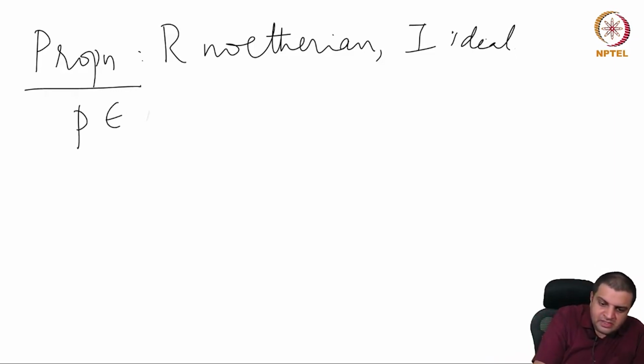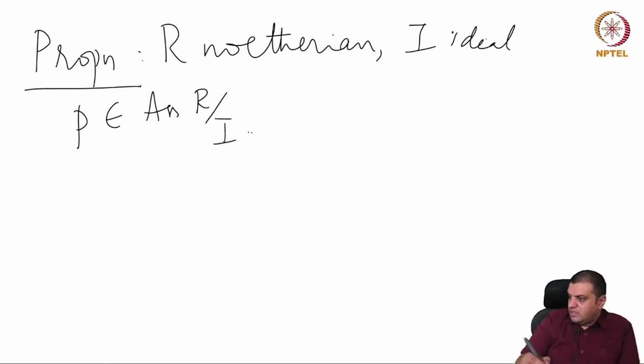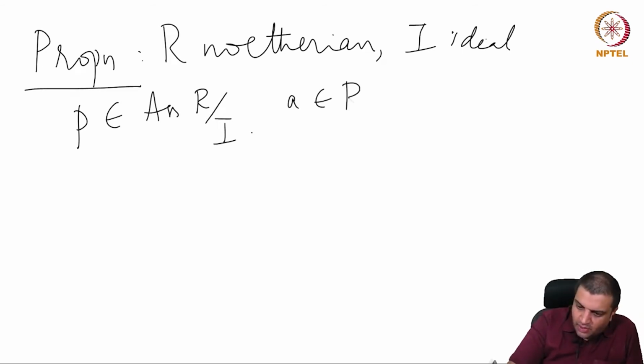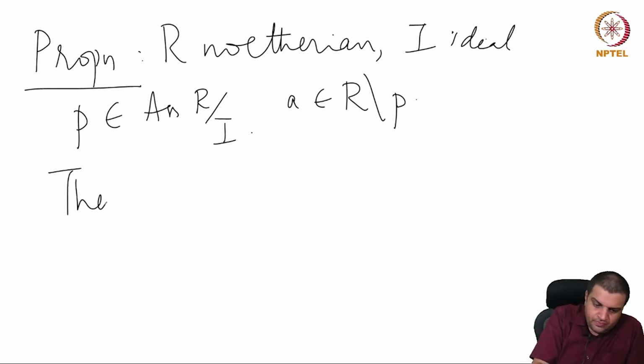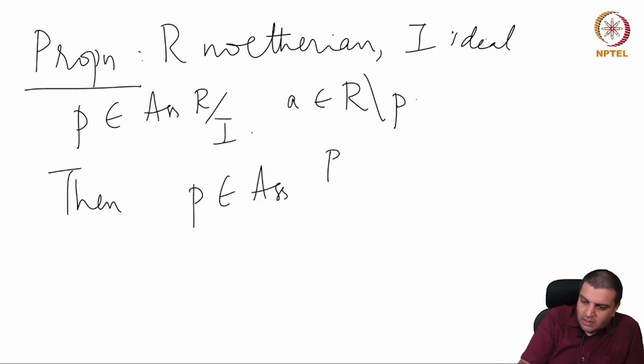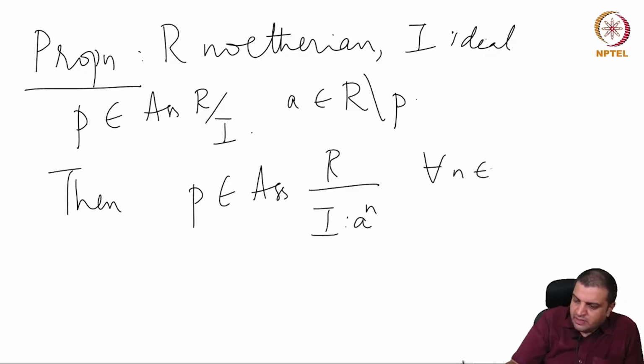Let's say P is associated to R mod I, and A is not in P. We are trying to find some property of such associated primes. Then P is associated to R mod (I colon A^n) for every integer n.